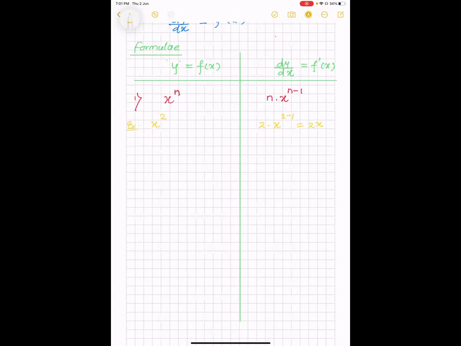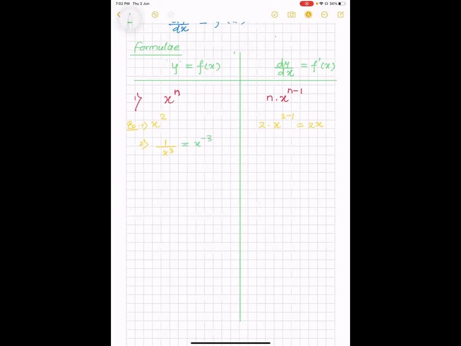Likewise, we can have another example. Let's say we take 1 over x raised to 3. As you know, using the rule of indices, you can write this as x raised to minus 3.